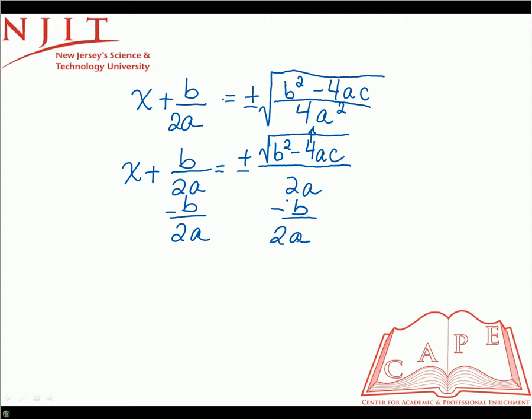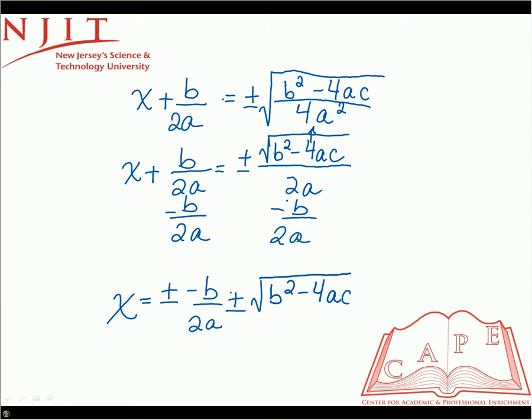So if we do that, what do we get? We get x is equal to minus b over 2a plus or minus the square root of b squared minus 4ac all over 2a.